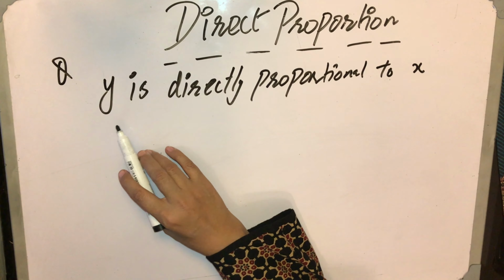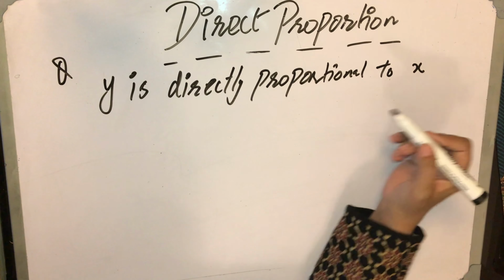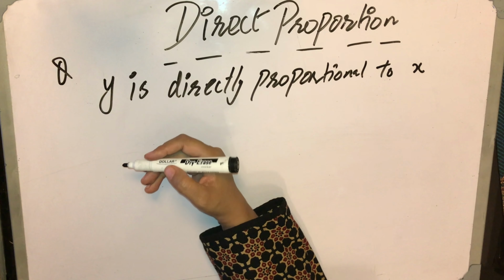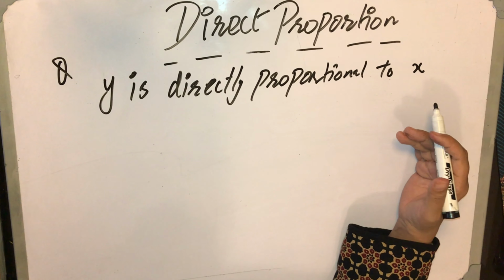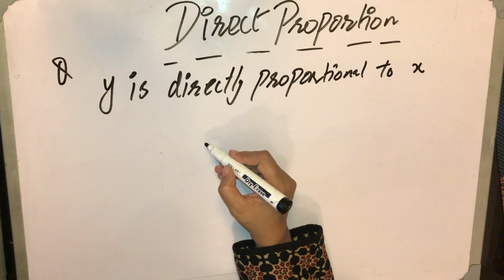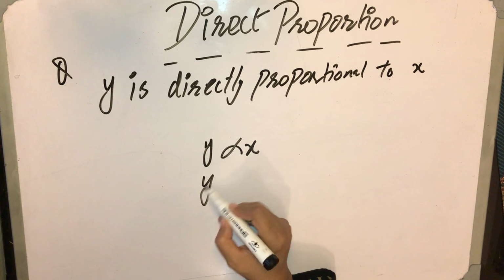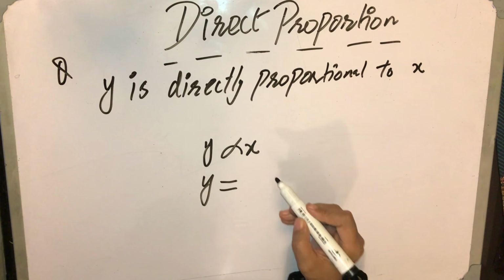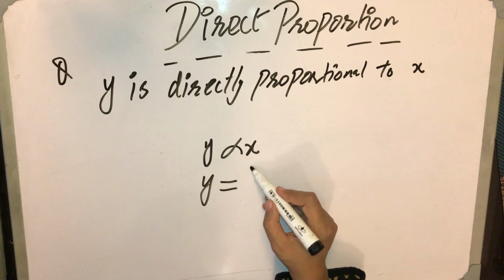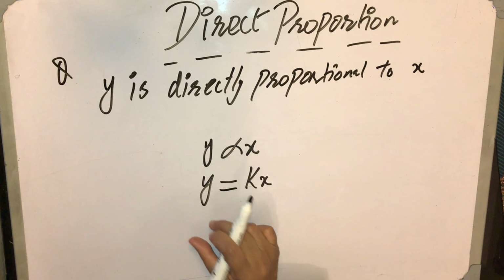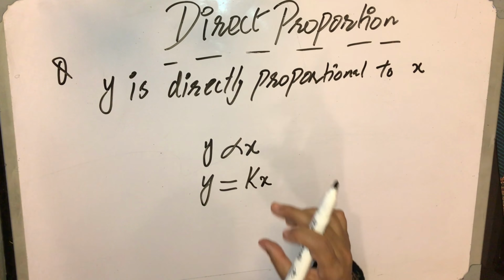Here I have a question: y is directly proportional to x. Such questions in which we use K, I usually start like this: y is directly proportional to x means we have to take y directly proportional to x. When I change this proportion sign to equality, I shall write y equals kx. Now there is a relation between y and x, then there is a multiple.